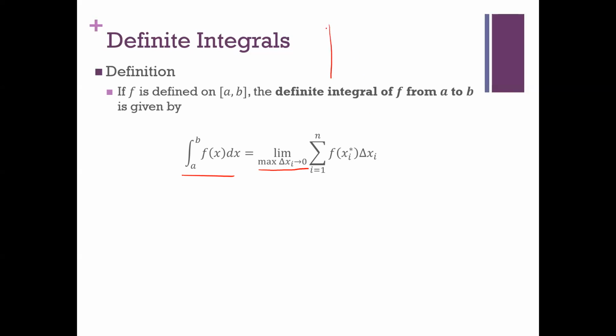Maybe I should draw this out as best I can. If I have some rectangles, splitting this up into intervals, but I want to keep splitting these up until, what's my goal here? How wide do I want these intervals to eventually be, or to eventually get close to what? 0. So how many rectangles is that going to give me? An infinite number, right?